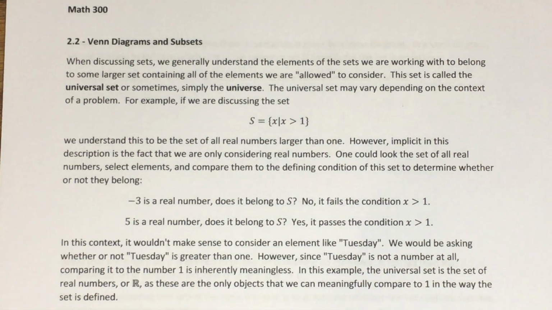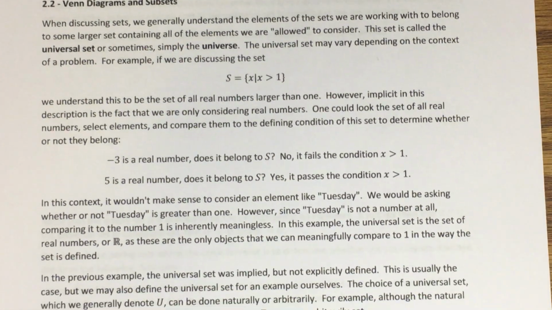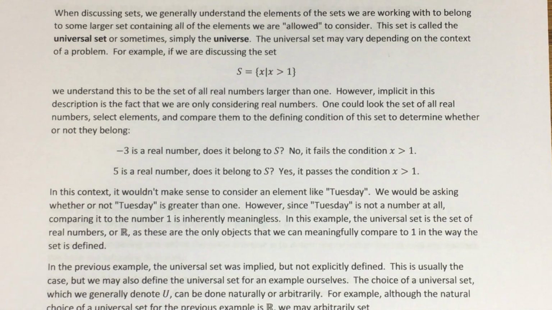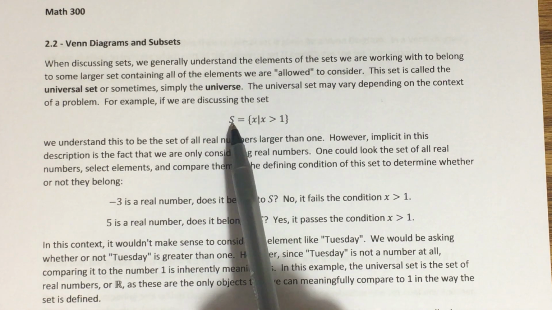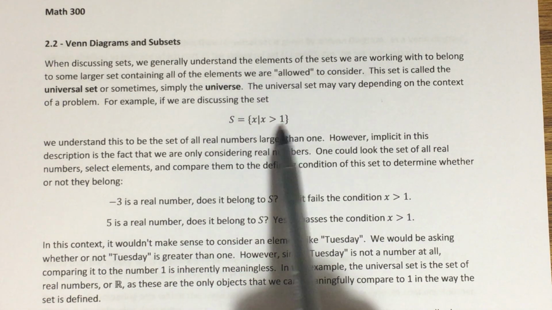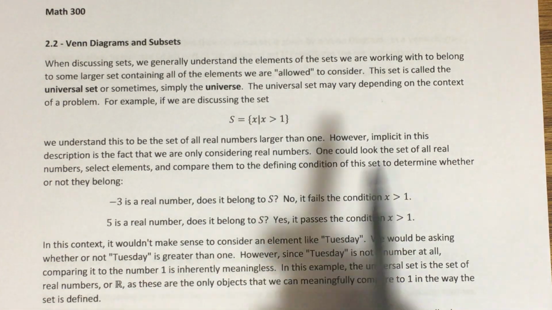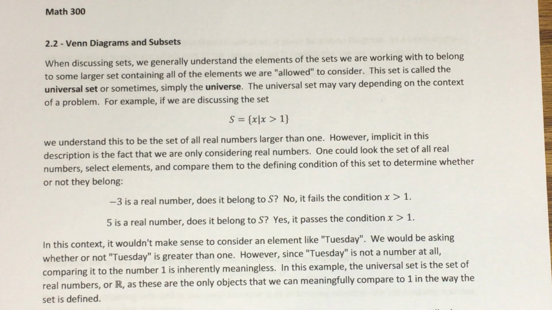So that's a little bit abstract, a little bit vague, and fortunately for us, we don't have to deal with universal sets in this kind of implicit way. Usually in set theory, the universe or the universal set is implied. So here, notice if all I gave you was this, S equals the set of all x such that x is greater than 1, nowhere in this description did I say, consider this set within the larger universe of the real numbers.